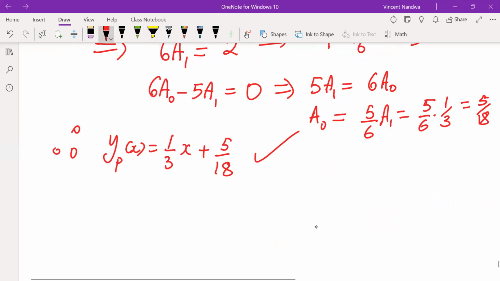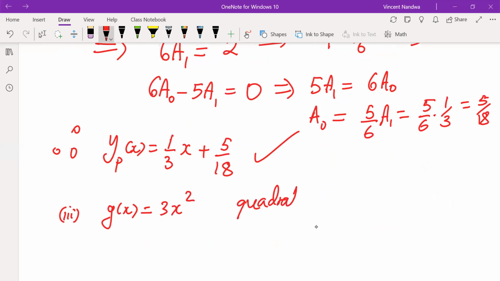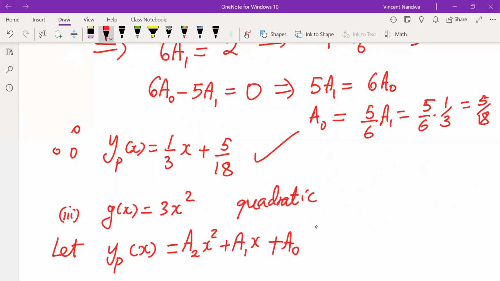And then next, Roman 3, g of x is given by 3x squared. This is quadratic. From the table in the illustration of the process, if we have a quadratic, then the guess or trial solution for the particular solution yp should take the form a2x squared plus a1x plus a naught.